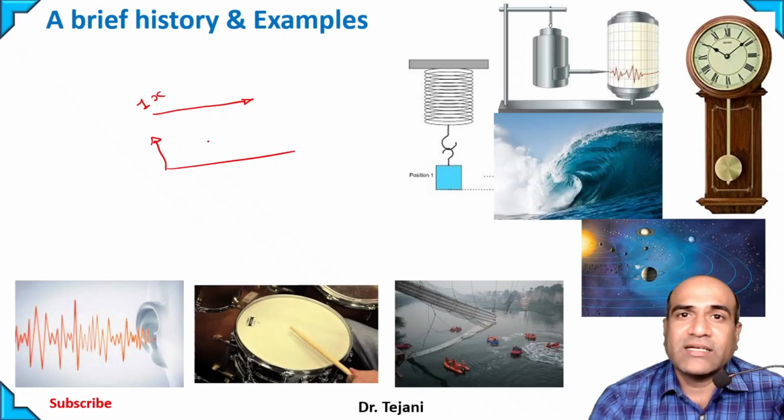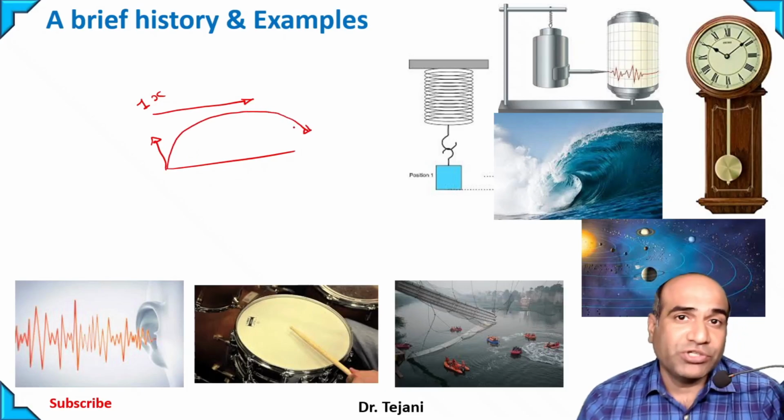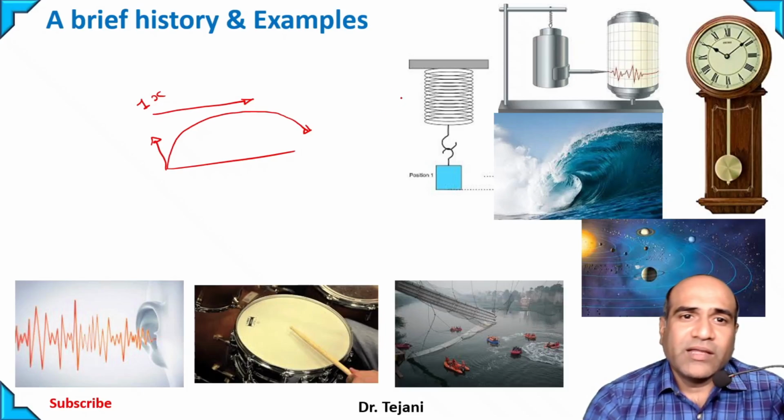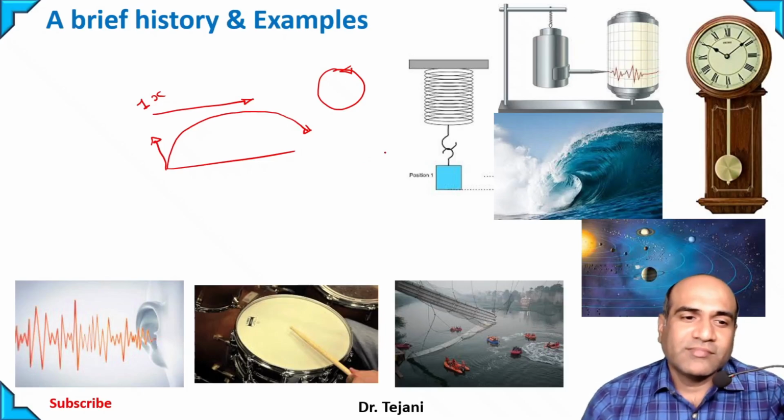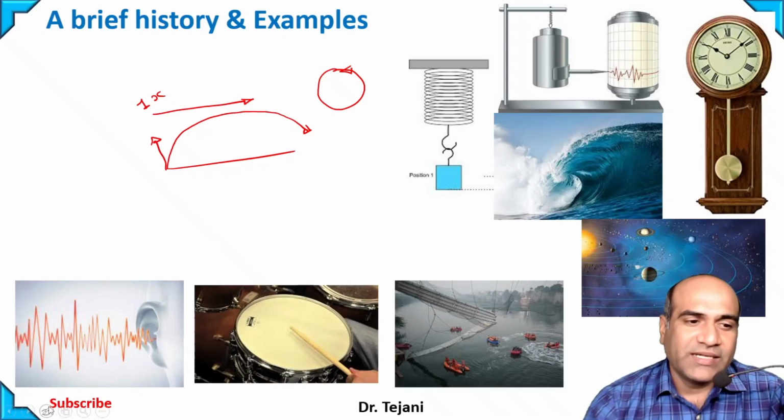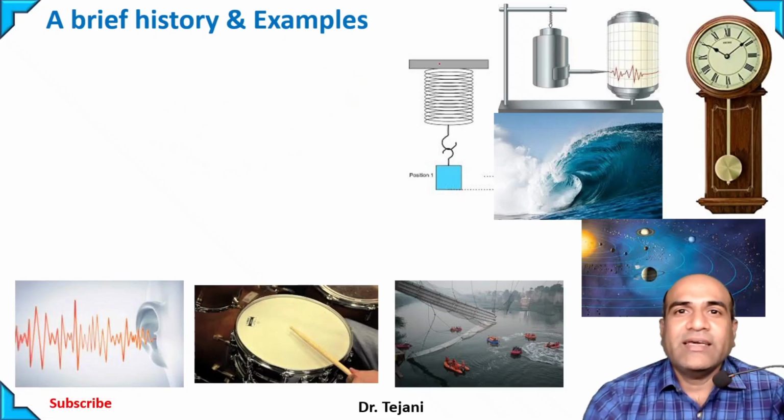A projectile we studied: when we threw a stone, it took a projectile shape. And some circular motion was also studied. But a motion which repeats after a certain interval of time, that we never studied. And in this part, we are going to study this.